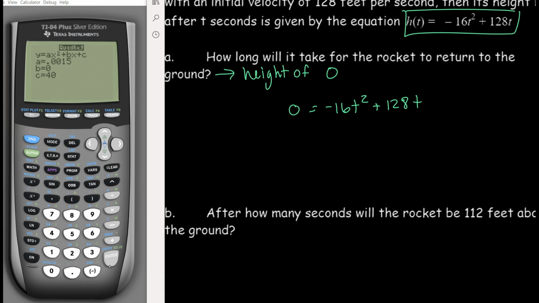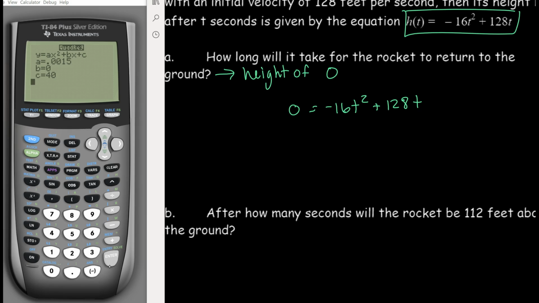Nope, square root is when we don't have a b value. What's the easiest when we don't have a c? What do we always look to pull out first when we're solving?